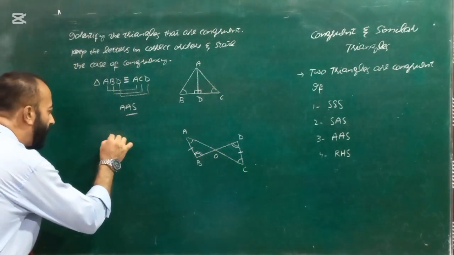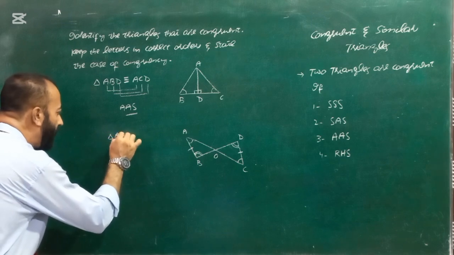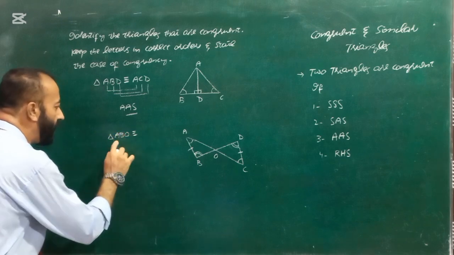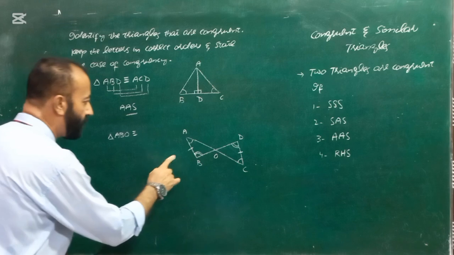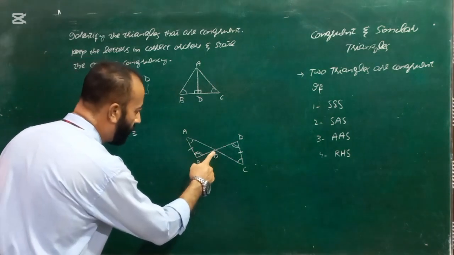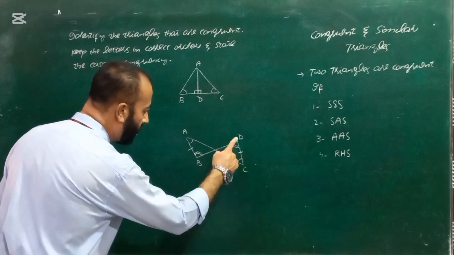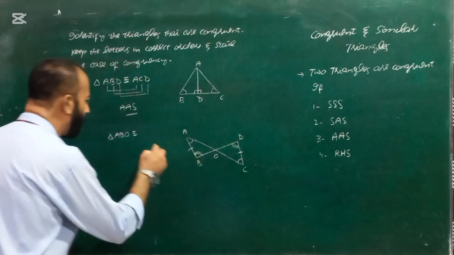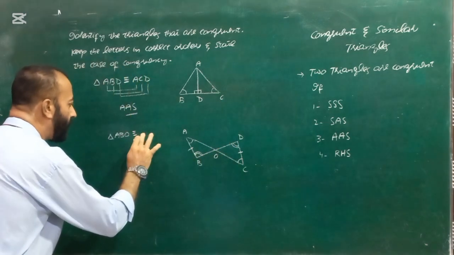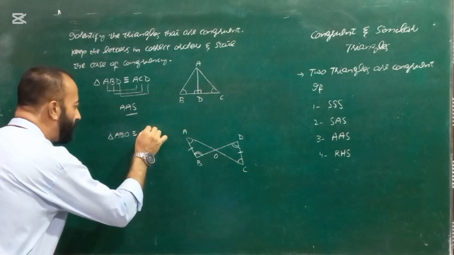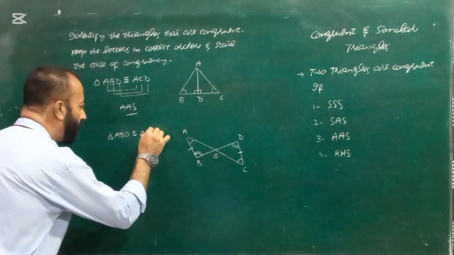So it means triangle ABO in one triangle. This is the order of the letters. So we are moving from single to double and then O, keeping the order same. So single to double and then O, that is CDO. So this is the thing which you have to be very, very careful for.